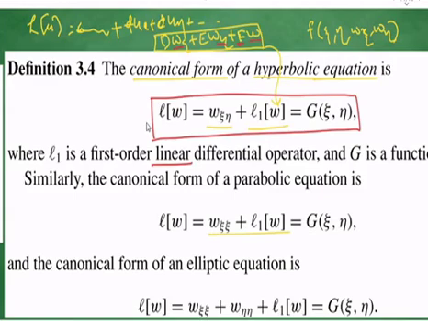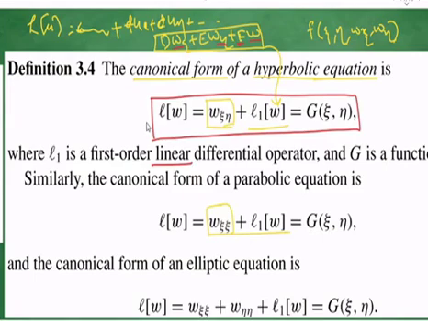So if the equation is parabolic, the only second order term contained in the canonical form is W theta theta. In the hyperbolic equation it was W theta eta, and here it is W theta theta in the parabolic form, plus L1 of W equal to G of theta eta.